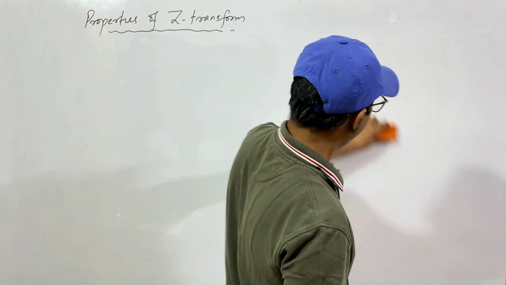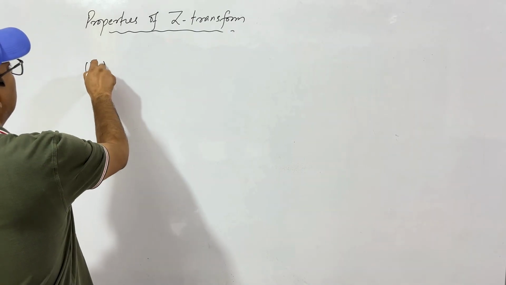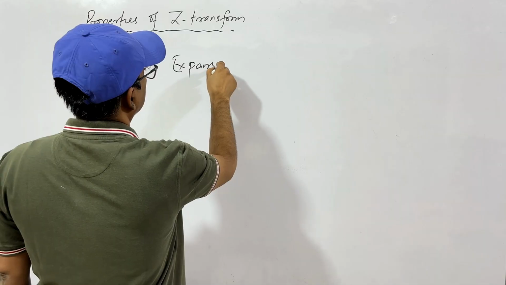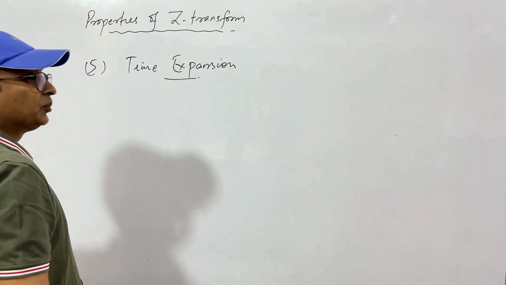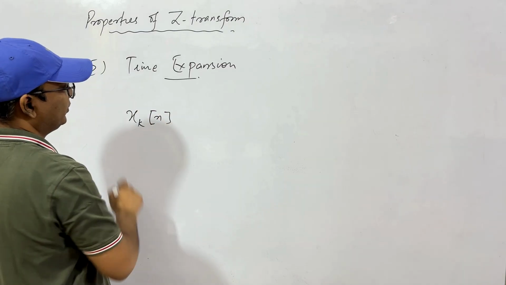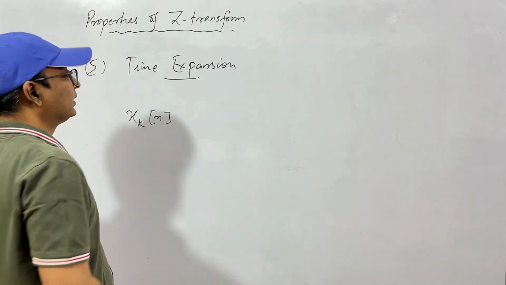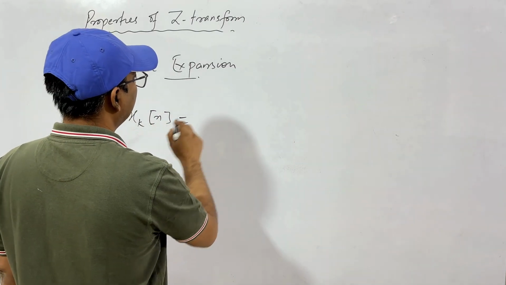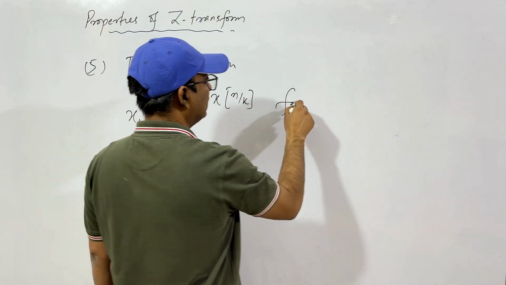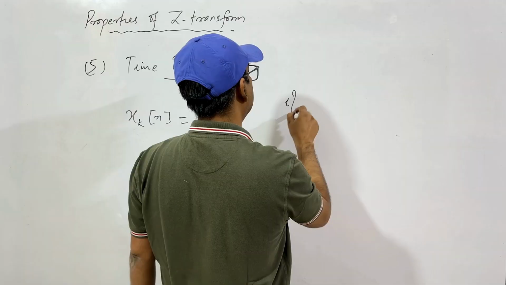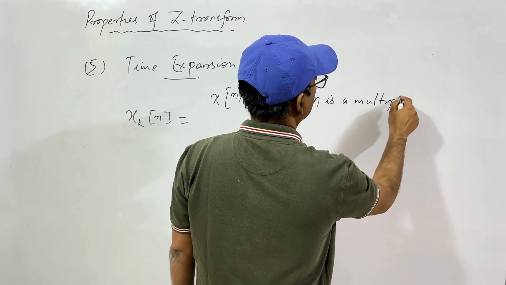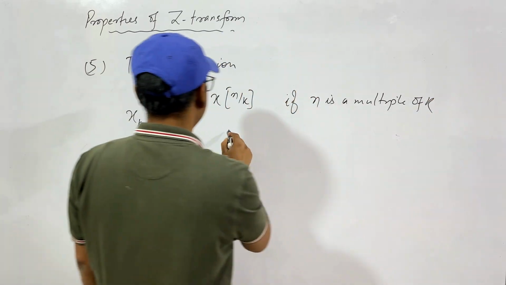What is it? Time expansion. What is this property? If you remember this, we have used when we were explaining discrete signals. x_k[n] is given as x[n by k] if n is a multiple of k, otherwise it is 0.